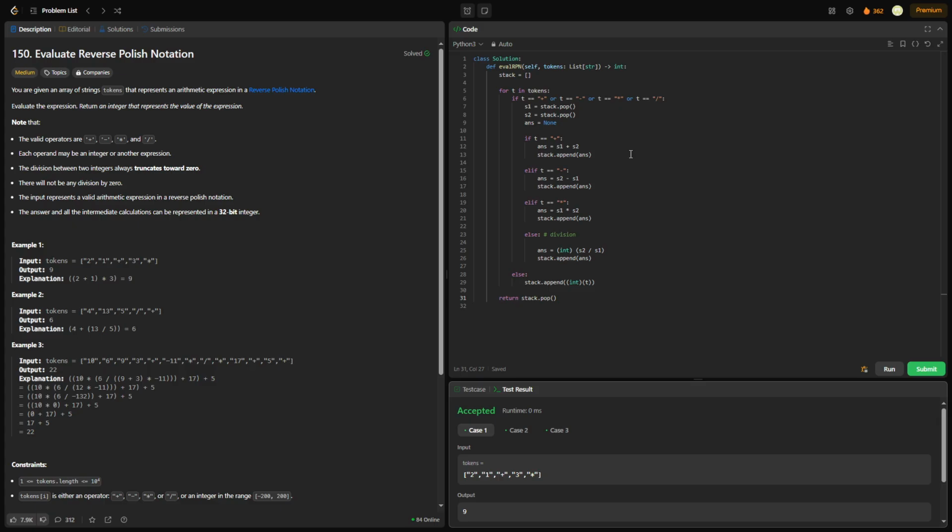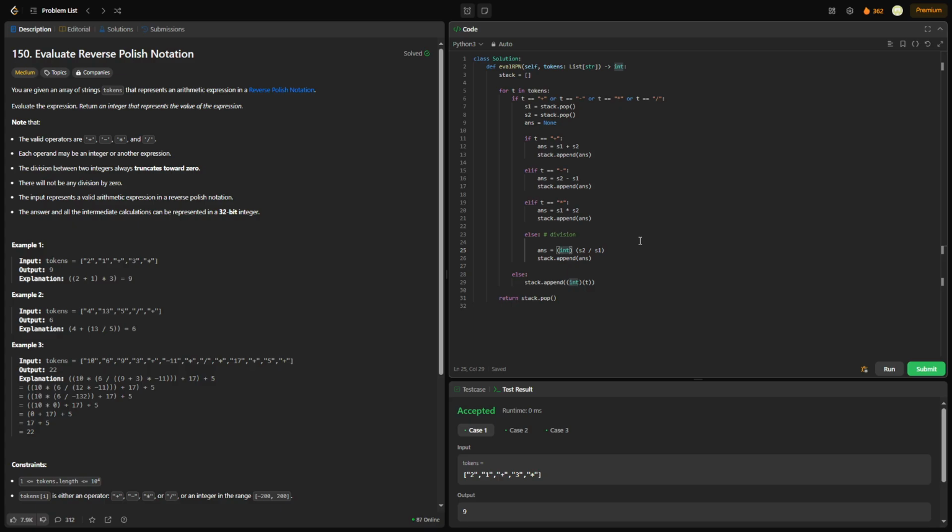Now, I've seen some people do it like, if t is plus, pop inside each branch. Like, you see how I'm popping twice up here? The reason is that I only want to write stack.pop twice. I don't want to write this in every single one of these. I'm just kind of lazy. And also, it doesn't really matter.